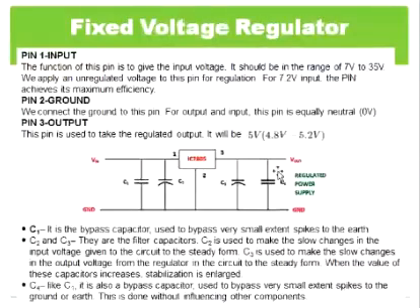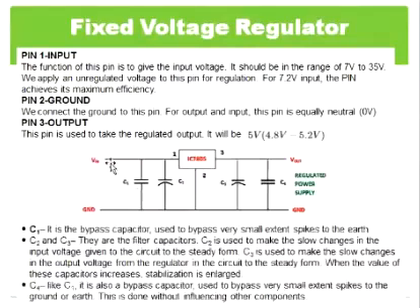The ground pin is the common terminal, and here you can see there are capacitors for filtering purposes. The capacitor C1 is called the bypass capacitor, which is used to bypass very small spikes in the input voltage.